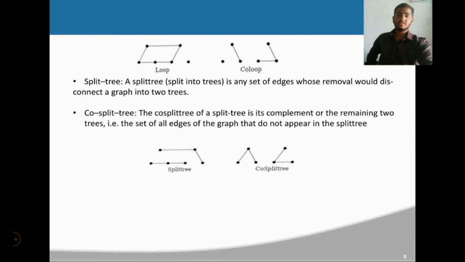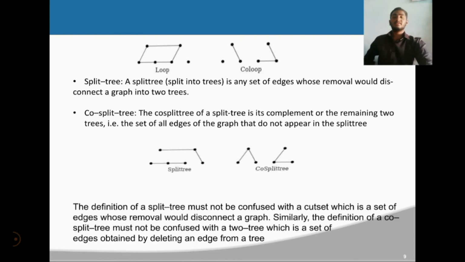The definition of a split tree must not be confused with a cut set, which is a set of edges whose removal would disconnect a graph. Similarly, the definition of a co-split tree must not be confused with a 2-tree, which is a set of edges obtained by deleting an edge from a tree.